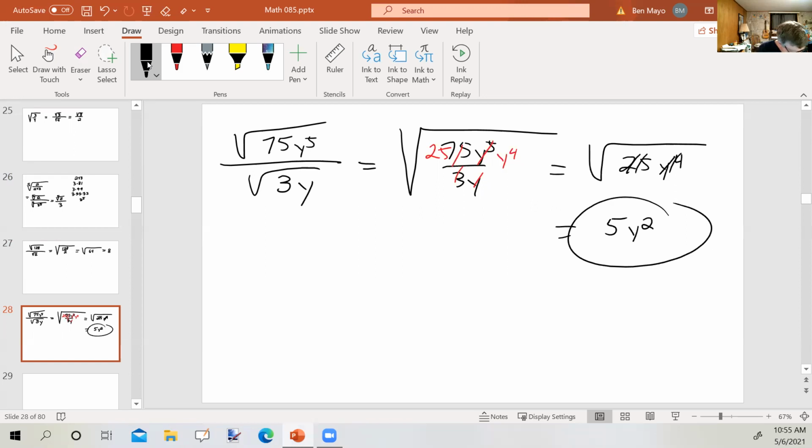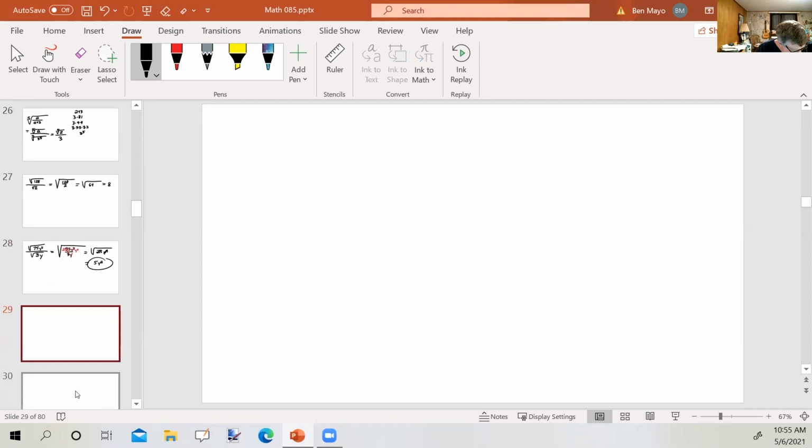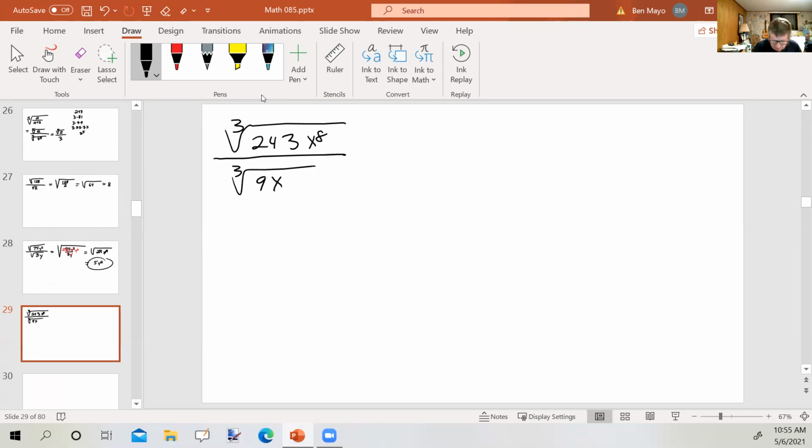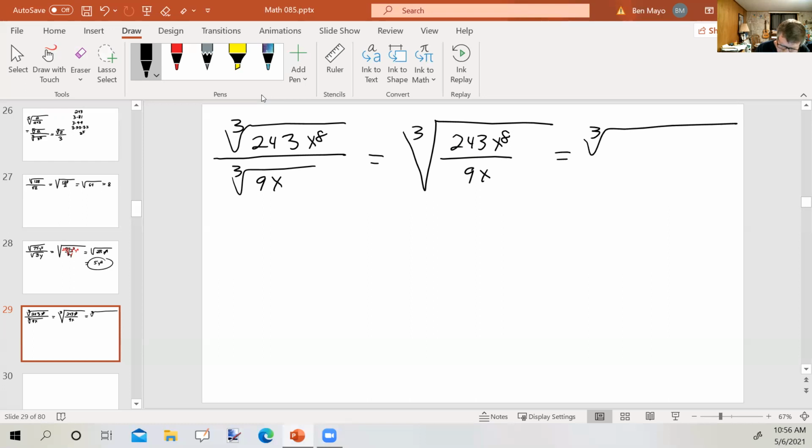Let's see here. How about this one? We've got the cube root of 243 x to the 8th over the cube root of 9x. So that becomes the cube root of the quotient 243 x to the 8th over 9x, which becomes the cube root of, let's see, 243 divided by 9. 243 divided by 9 is 27.